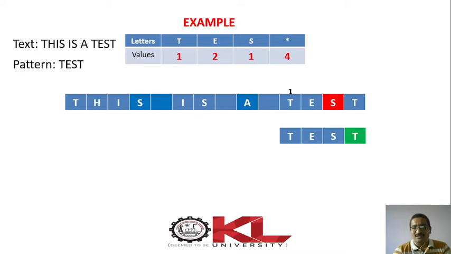Okay, now compare the rest of these two. Compare these two, the last. Check if the two characters are matched. If it is matched, you move from right to left. Again compare these two characters. If it is matched, again move to the next character.